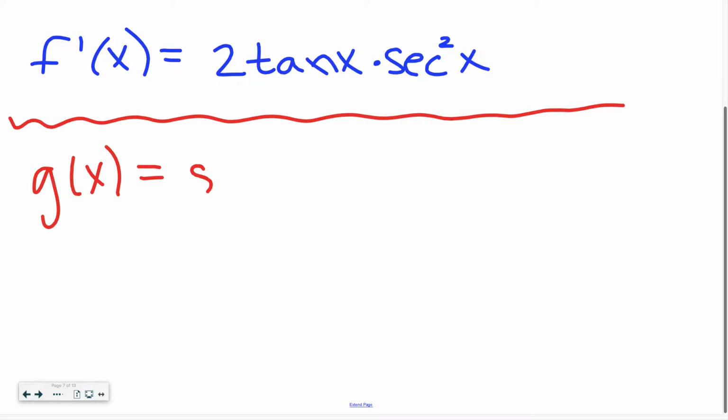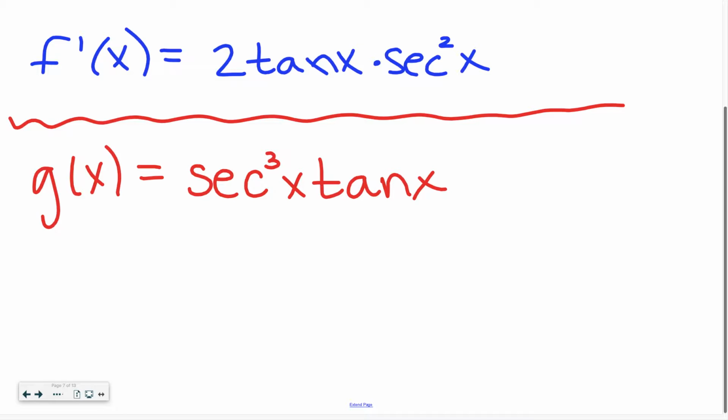Okay, write it down. Don't do anything yet, but talk to your pod about the process we would have to take. What do we have?